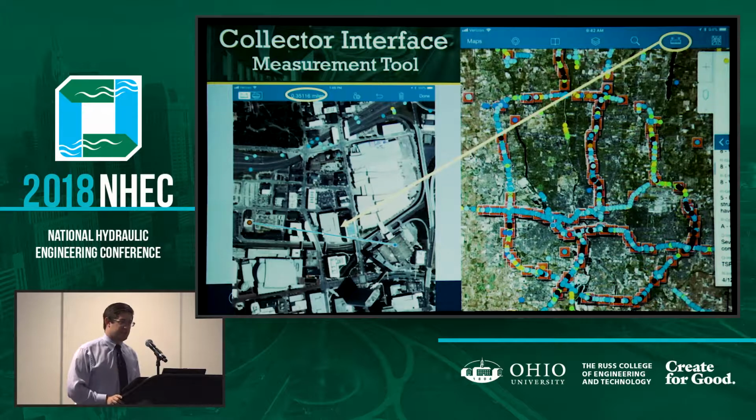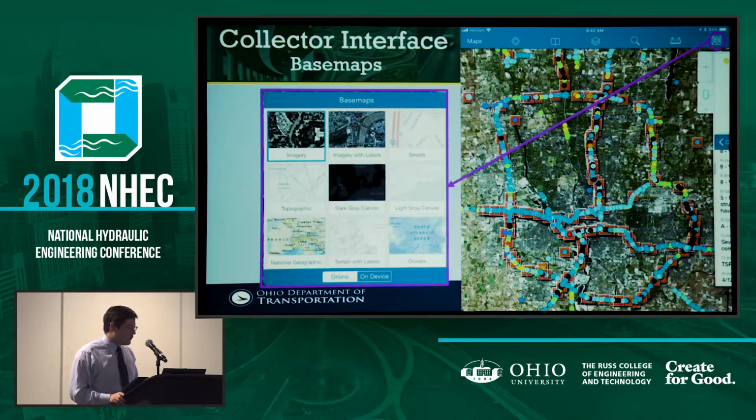It's not always easy to measure it, depending on how much water there is in there or blockage from you actually accessing the culvert. So all just small tools. And then one of the key things is the base maps, and that provides the imagery so you can find it in the future. So if you're walking to this culvert for the first time, it's great to have a high definition map in order to see your surroundings.